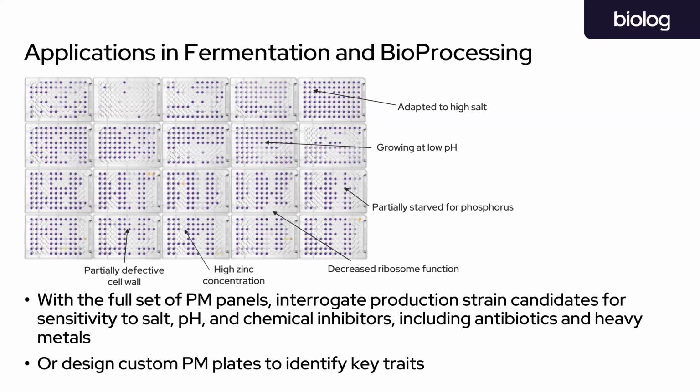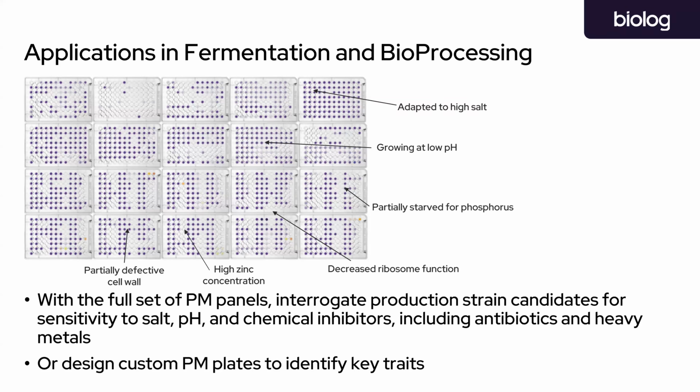Getting all of this data for the same samples is really useful for lots of different applications. But one of them is if you're trying to optimize a fermentation process. Here's, again, a set of 20 plates, and you can see that each well is really probing different questions. You can interrogate your microbes to see maybe which ones are adapted to high salt conditions or heavy metals, different pHs.